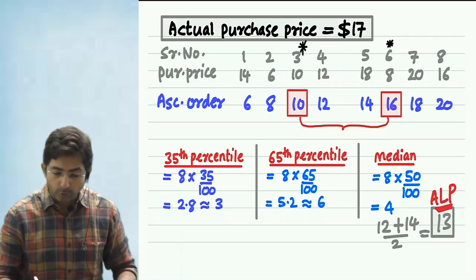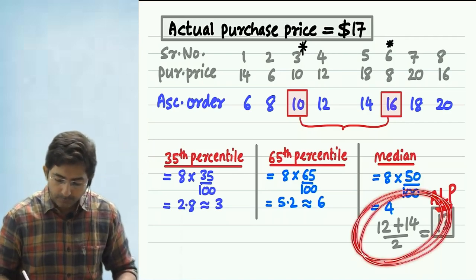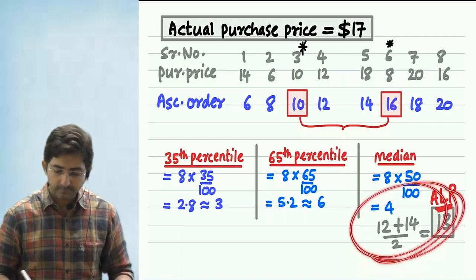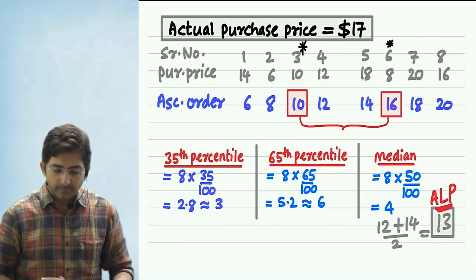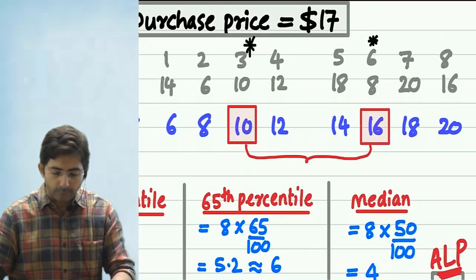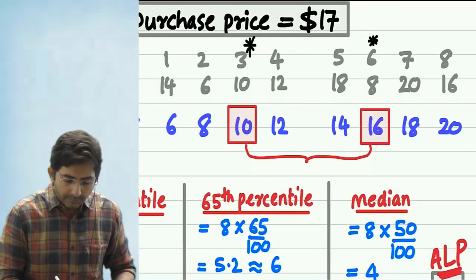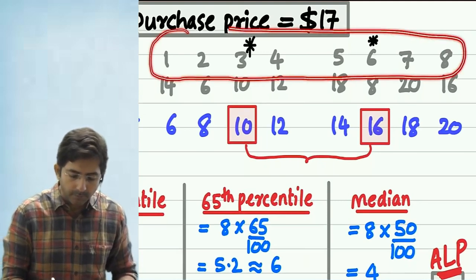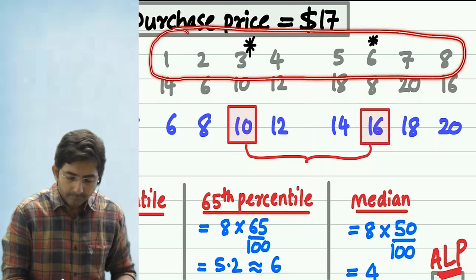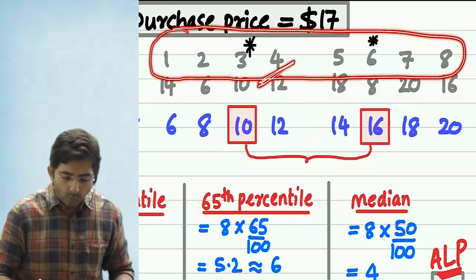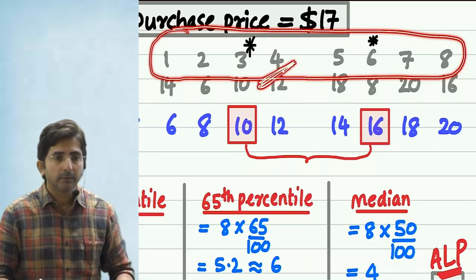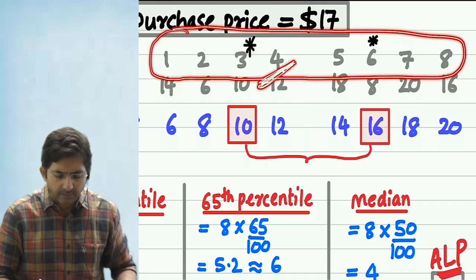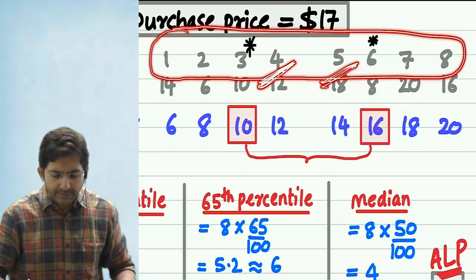See, now you will automatically understand the logic of this also. What is the logic of this? Because see, in a data of 8, which is the central most number? 4 is not the center. Do you know how to find out the center? 4 is not the center, nor 5 is the center.